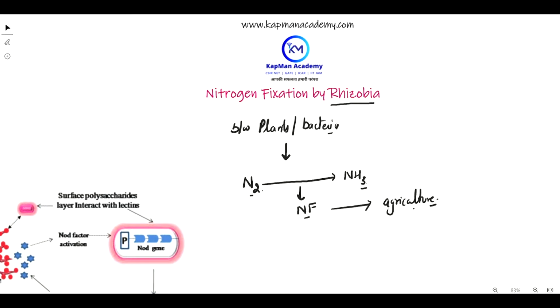The plants where nitrogen fixation occurs are called legume plants.